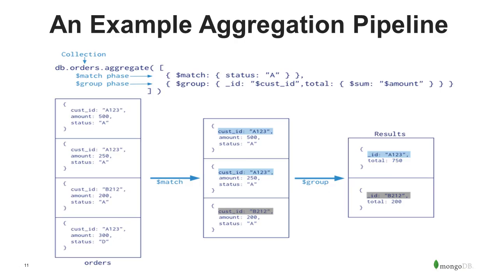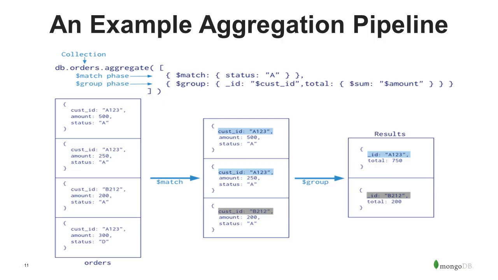So match is going to iterate through the entire orders collection, looking for ones where the status is equal to the string "A". And so the output of $match is precisely going to be those documents where status is A. This is exactly like if you did db.orders.find({status: "A"}). Very similar, exactly the same thing.